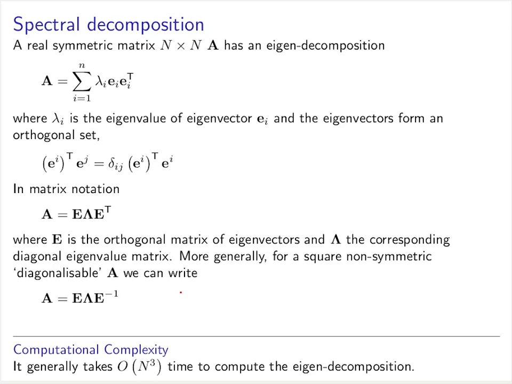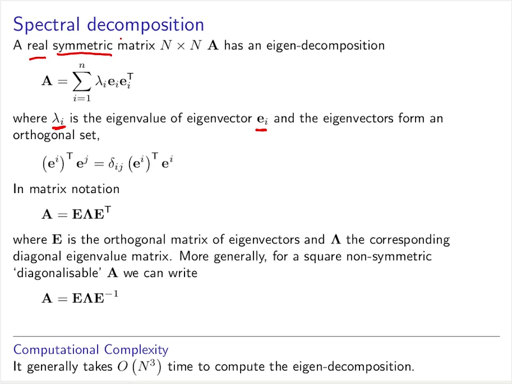But if you are lucky, and in machine learning you are quite often lucky, then you have a real symmetric matrix A. And this real symmetric matrix A has a spectral decomposition such that the eigenvalues and the eigenvectors are all real numbers. So the important thing is that the matrix A is real and symmetric.